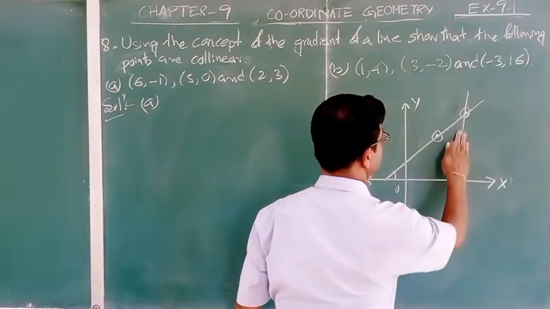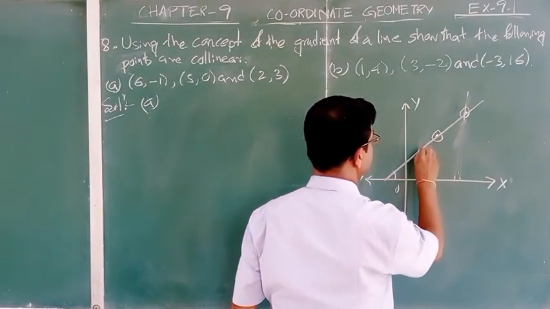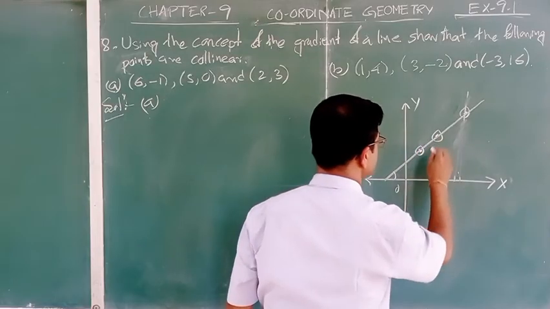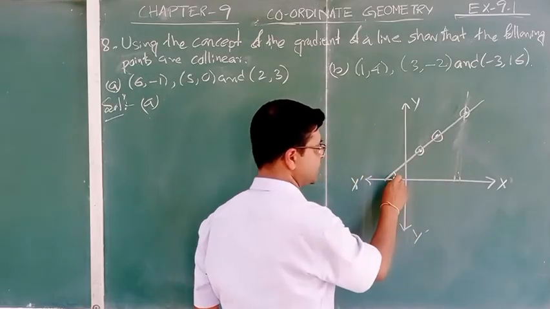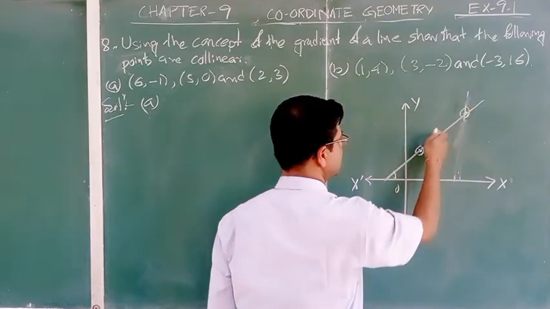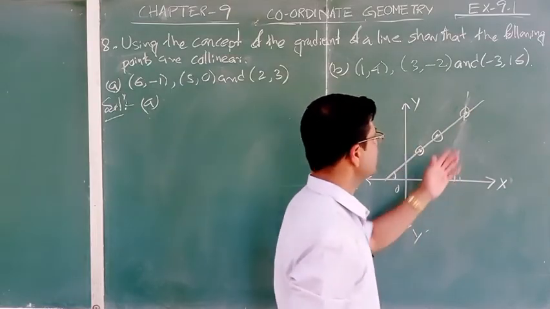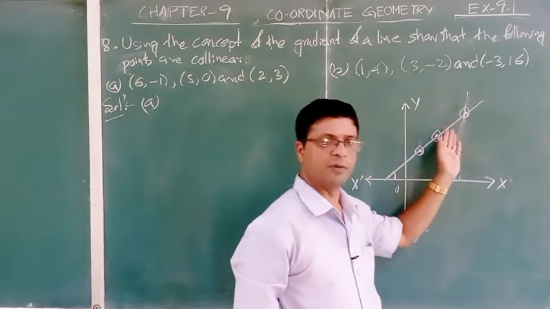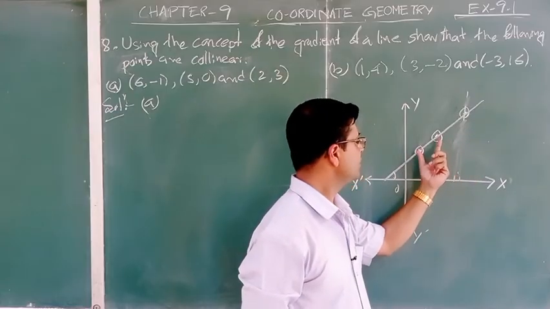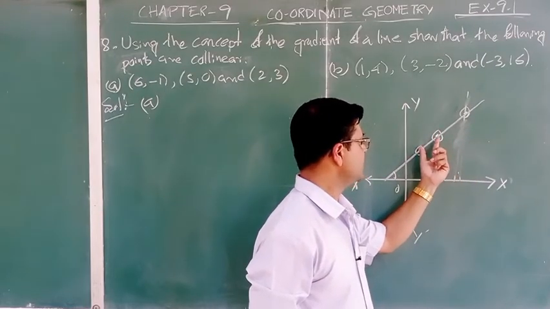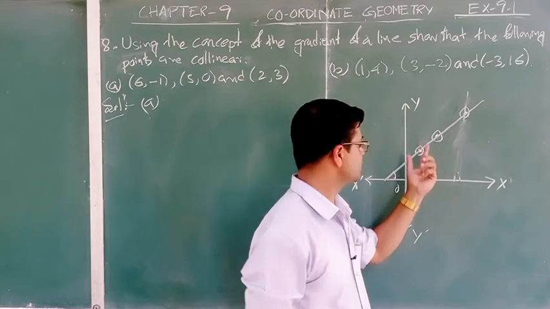But if the points were somewhere here, then the line joining them, the inclination is this, and the line joining this and this, the inclination is the same. So we can show that three points are collinear if the inclination formed by joining any two points is the same. This concept we shall apply.